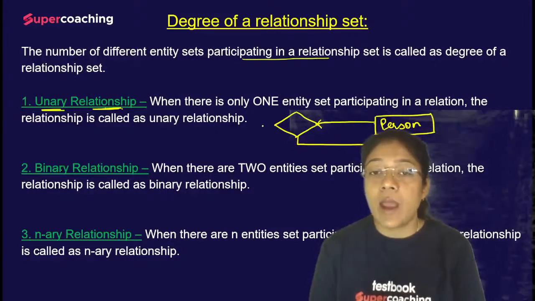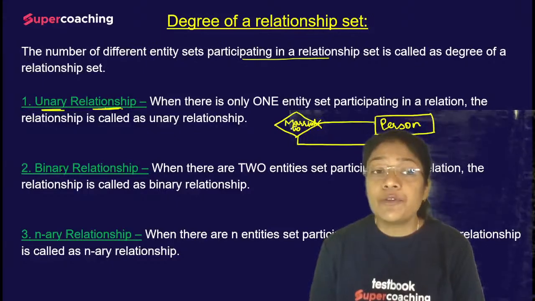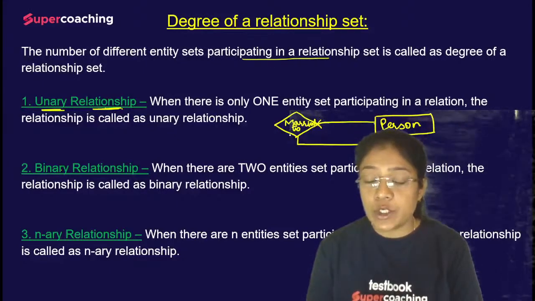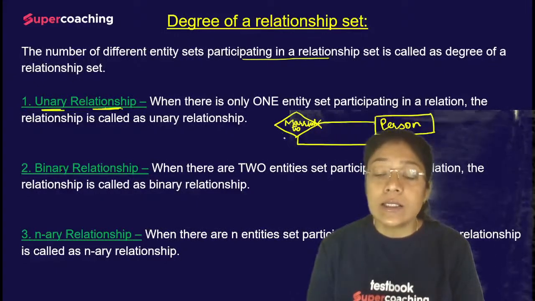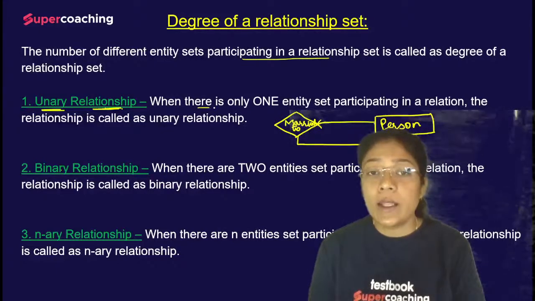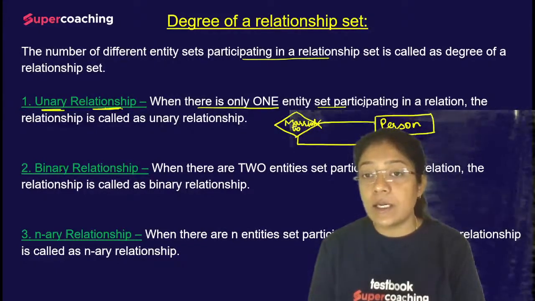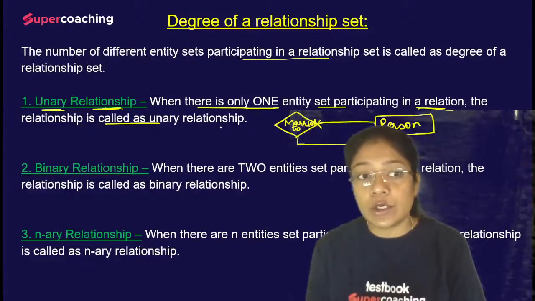It is married to some other person. Okay, so if you observe here, in this relationship only one entity is participating. So we can say that this married to is a unary relationship. So when there is only one entity set participating in a relation, the relationship is known as a unary relationship.